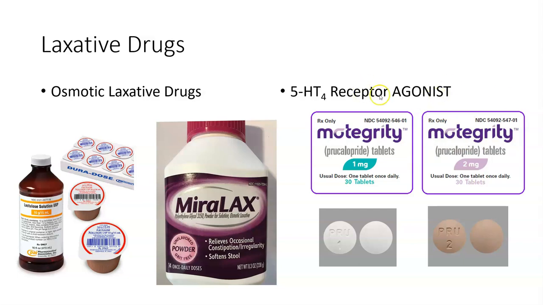They activate the 5-HT4 receptors, but they do have an adverse effect of increasing risk of suicidal thoughts and behaviors. So if the patient is given this medication, they will also receive what's known as a medication guide. The 5-HT4 receptors found in the intestines, they're going to stimulate those receptors and increase secretions and peristalsis.